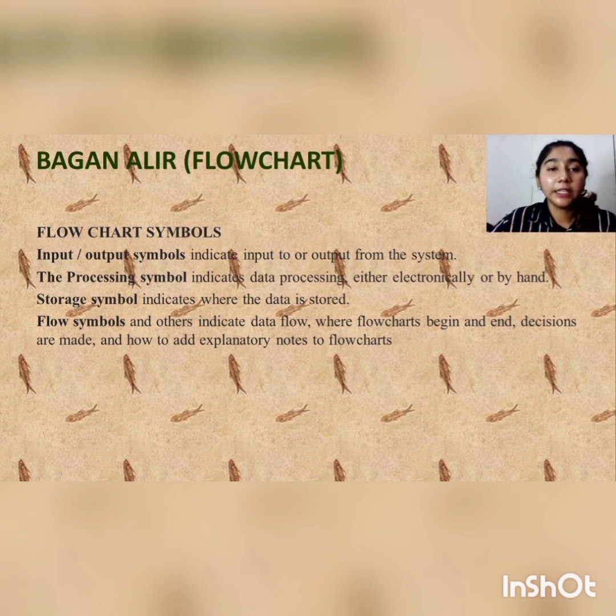The storage symbol indicates where data is stored. The flow symbol and others indicate data flow, where the flowchart begins, where decisions are made, and how to add explanatory notes to the flowchart.